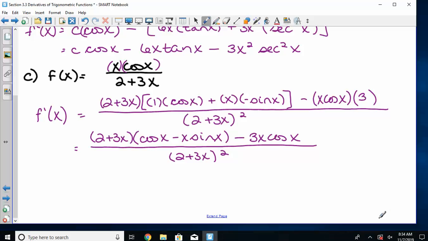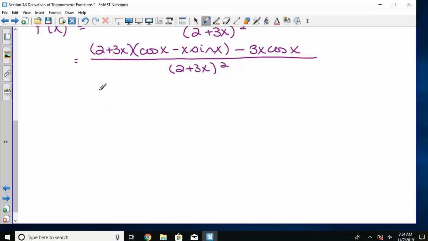Can I cancel a 2 plus 3x? Why? There's another term over here and it's not in there. So instead, we're going to have to FOIL this mess out. So, we get 2 cosine x minus 2x sine x plus 3x cosine x minus 3x squared sine x.